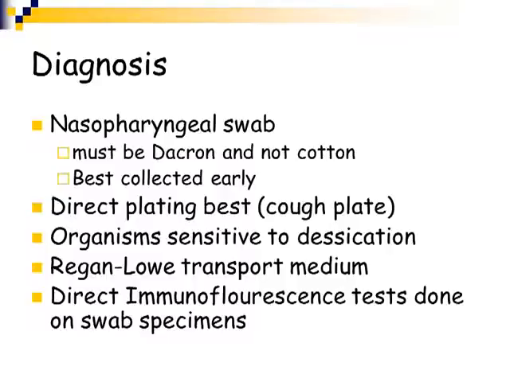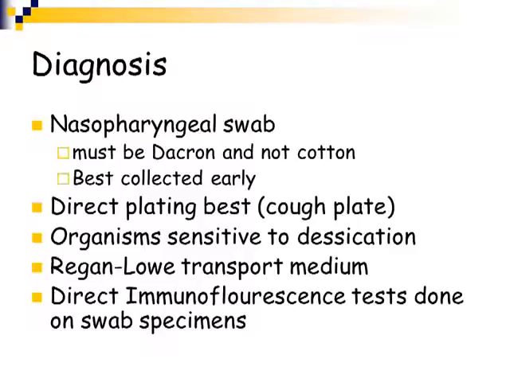You would take that plate and immediately incubate it. Of course, you would want them to cough on media that's going to support the growth for Bordetella pertussis. And again, this is a fastidious organism, so it's going to have specific growth requirements. The organism is highly sensitive to drying out or desiccation, which is why a direct plate or the cough plate is the best method to collect the specimen.